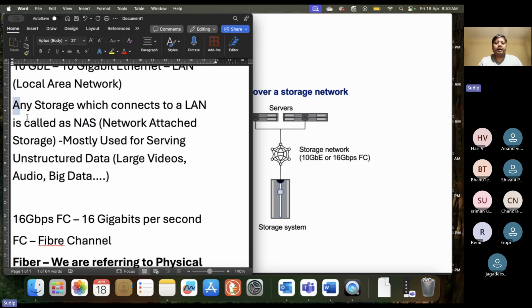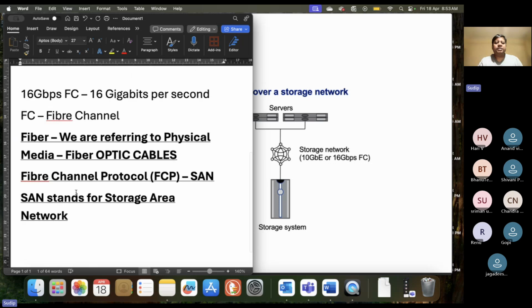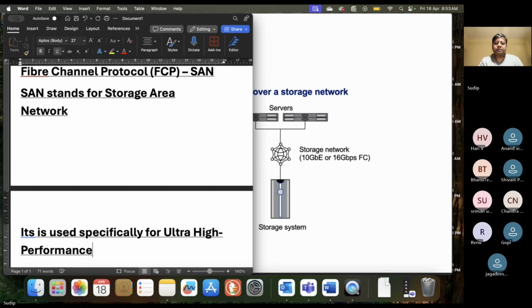But when it comes to a SAN, any kind of device cannot be connected. It is used specifically for ultra high performance storage systems.